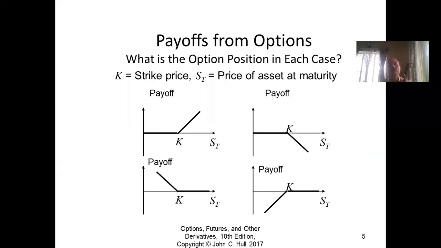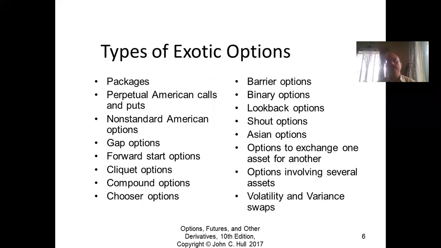This is where we discussed the call and the put option in long and short position together. So this was the simple European call and put option. Now we want to move on and talk about other varieties, at least some of the other varieties.